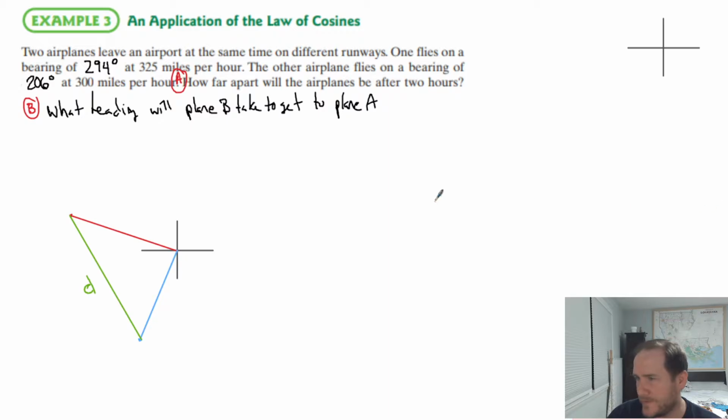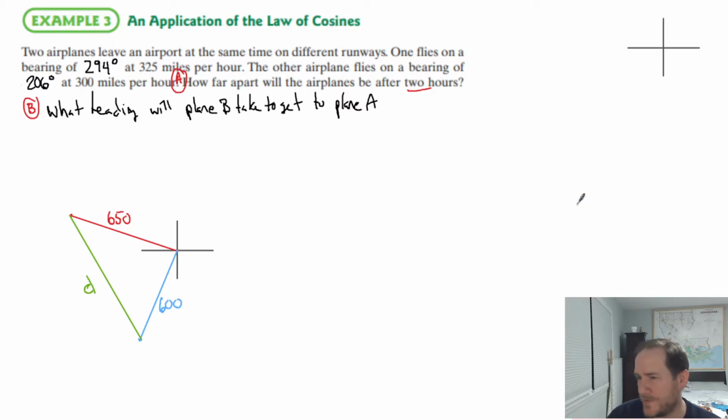And you're going to do it by law of cosines because you know that that first plane traveled 325 miles per hour. Okay, so the whole 2 hour thing again. So it's not 325, it's 650. And the other plane was traveling at 300 miles per hour, but again, doubled, so 600.